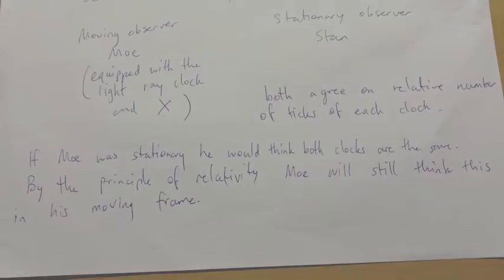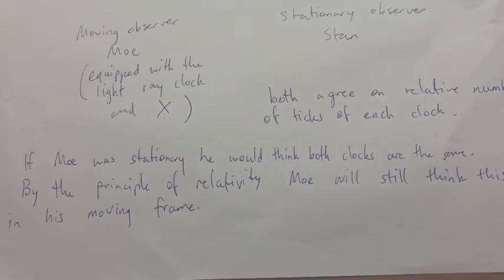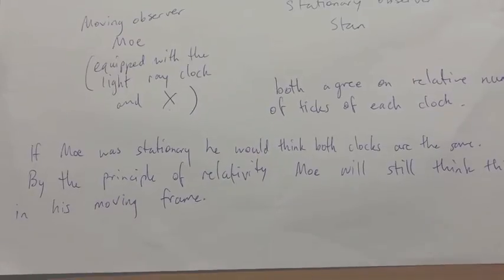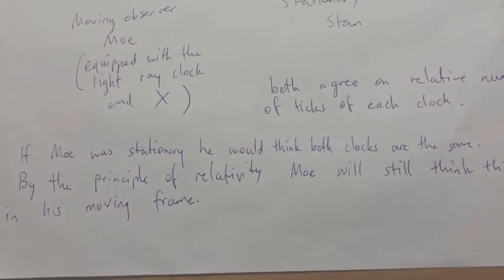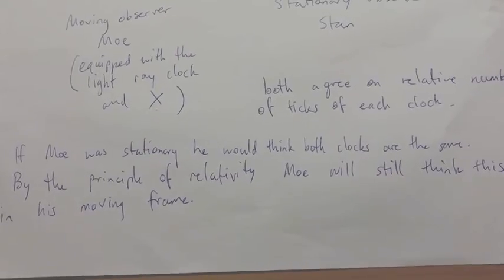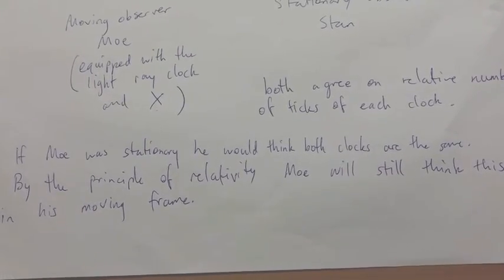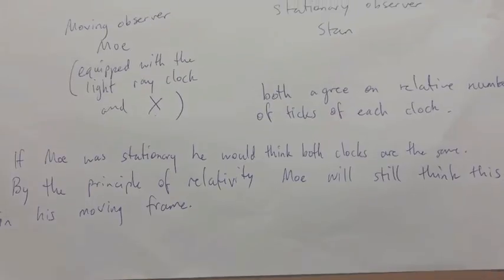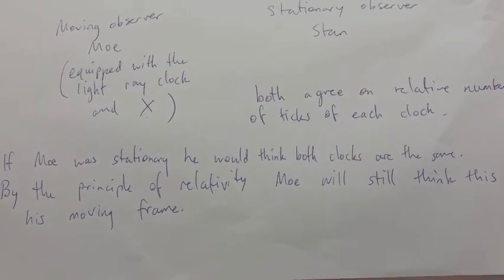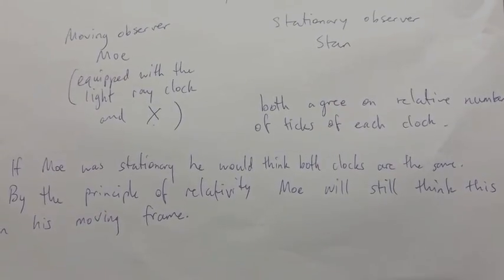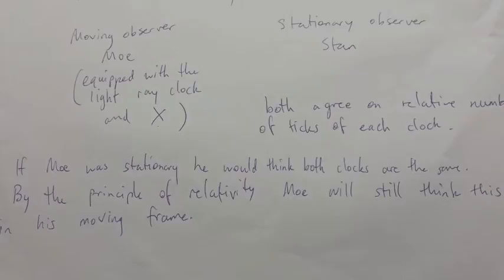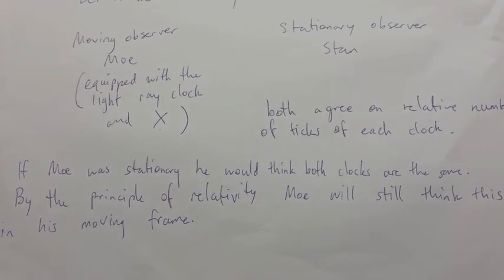So if x goes one tick when Mo's not moving and the light ray clock goes one bounce, then he'll think that they'll both go one bounce in the moving frame by the principle of relativity. And since we know that both had agreed on how many ticks they were going, then Stan, or us, the stationary observer, will now also think that the light ray clock and x agree.